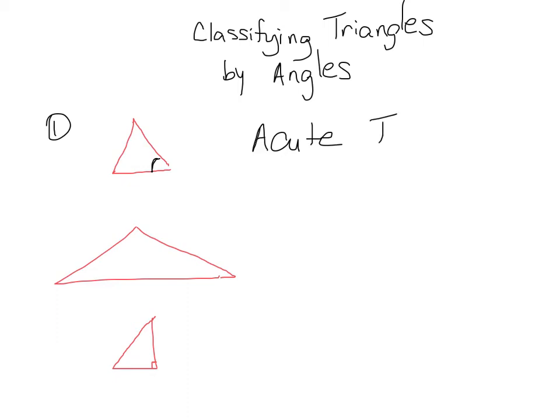So this is an acute triangle. Alright. So again, you judge the triangle by the biggest angle in it. So in this case, we have the biggest angle over here, which is clearly more than 90 degrees. It is actually an obtuse angle, which means that this is an obtuse triangle.